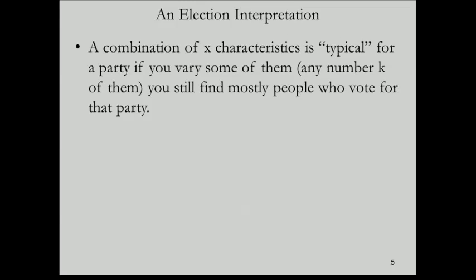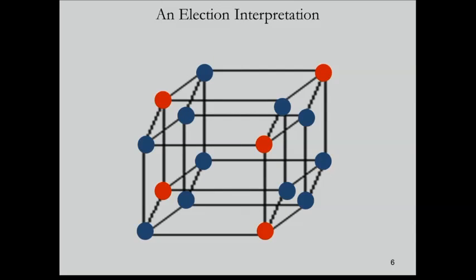What are typical voters? We call a voter typical if you take their characteristics and you vary any k of them, and you expect that largely you're going to find people that vote for the same party. We care to see if typical voters exist, so let me make that more precise. Let's say that blue is the people that voted for Democrats, and red are the people that voted for Republicans.